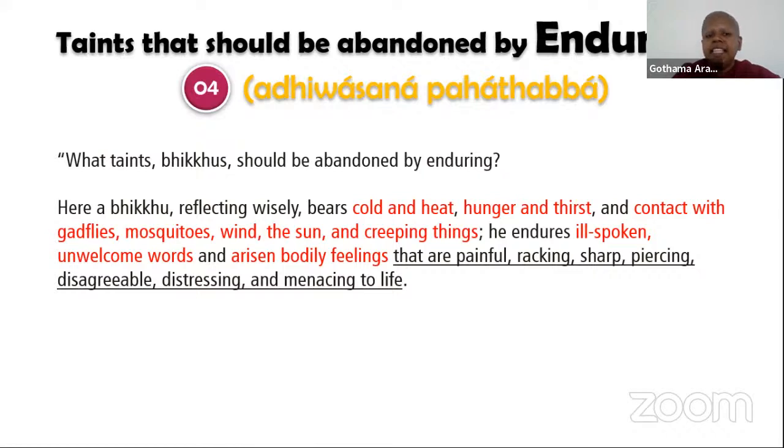So cold and heat, hunger and thirst. Now here we have some sort of heat. Reflecting wisely. At this moment this place is a bit heaty. So do you get discomfort or comfort with that? Discomfort.